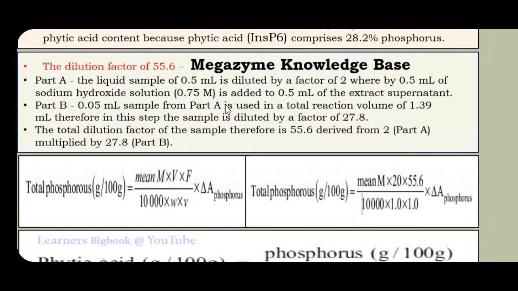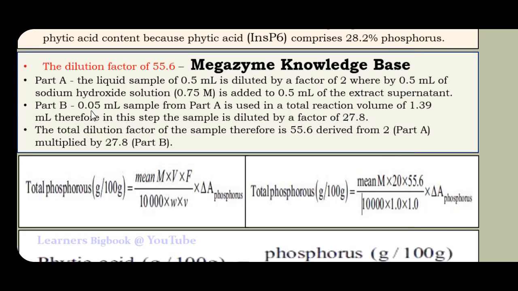After the neutralization, we have taken 0.05 ml of the sample, and we have reacted it with 1.39 ml of the different solutions, like the phytase buffer, alkaline phosphatase buffer, suspensions, distilled water. So altogether it is going to become 1.39 ml. Now here, this is going to become the dilution factor of 27.8.